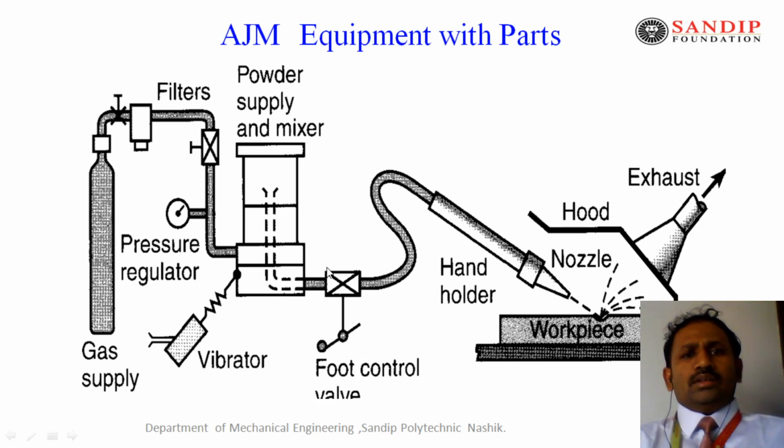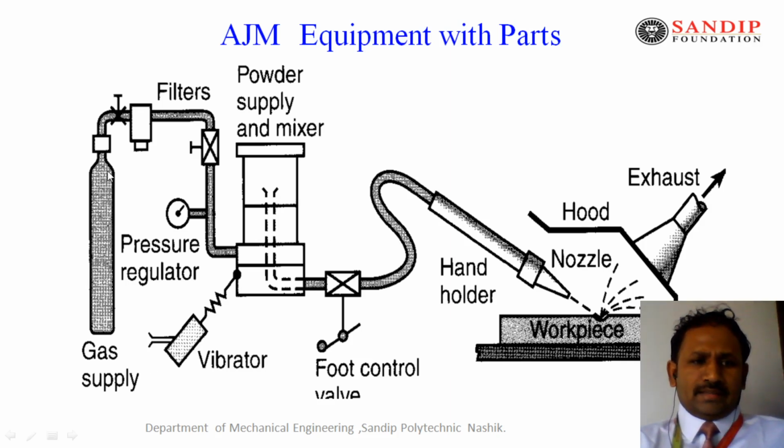Now the setup of the abrasive jet machining process. In every book some of the equipment is different, but as per our curriculum, it's a very simple figure like this. First, the gas supply is there.